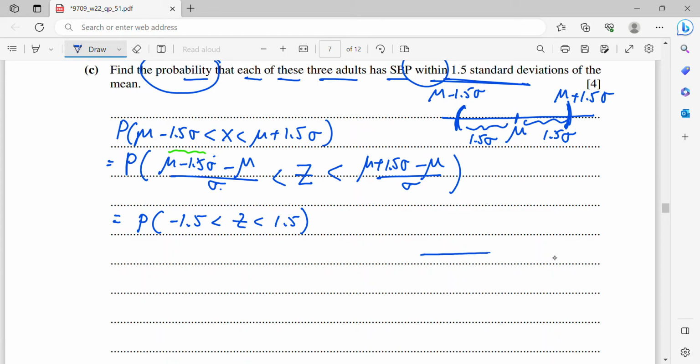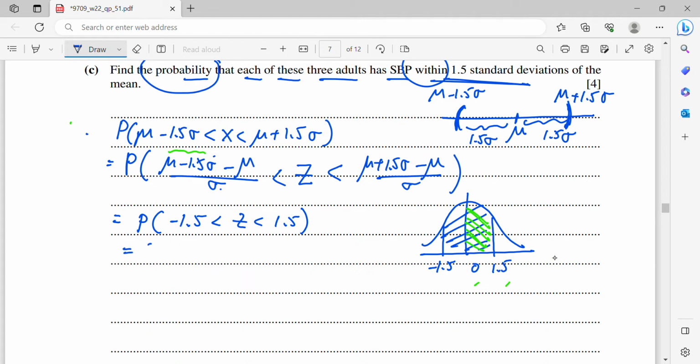So now here I will draw the graph to get the region. Since you have 1.5 and negative 1.5, they are symmetrical. So the region bounded by these two lines will be the same as double of this green region. The purpose I flip it is because I have to get a positive z value in order to get the value from the table.